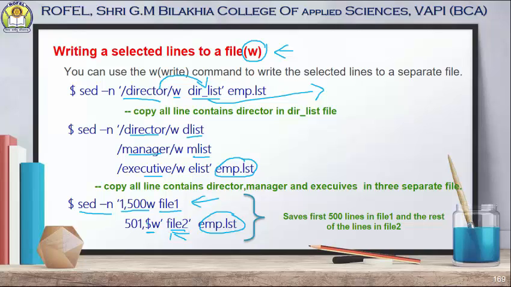Fine? So this is the use of W, the writing command, which is used to write selected lines into a separate file.